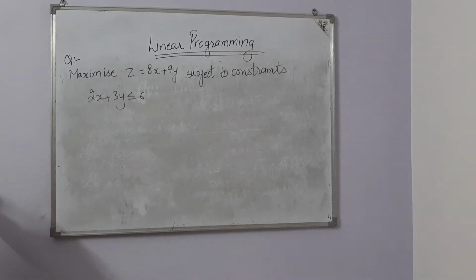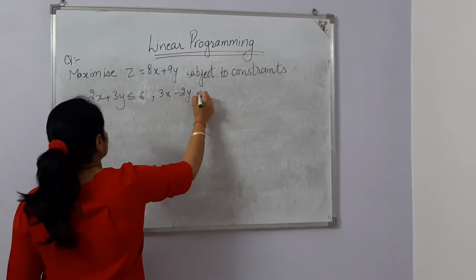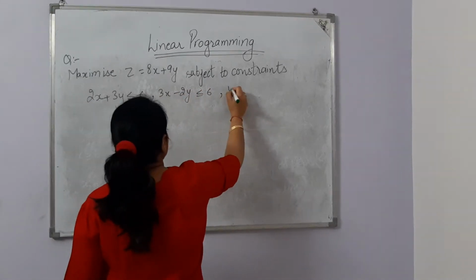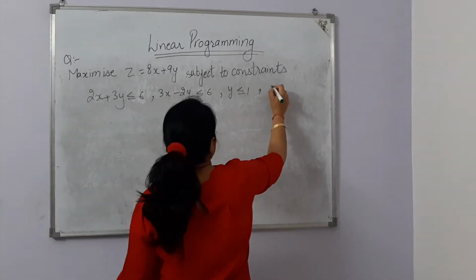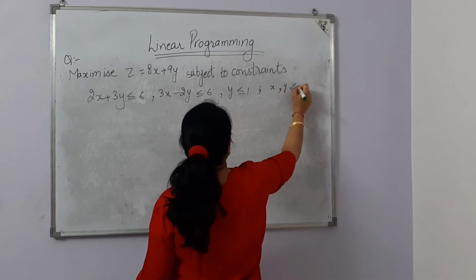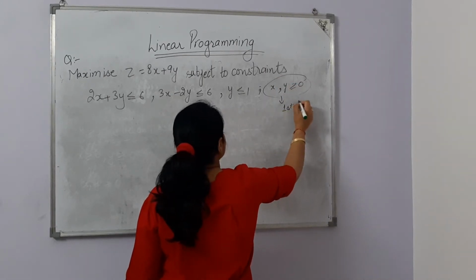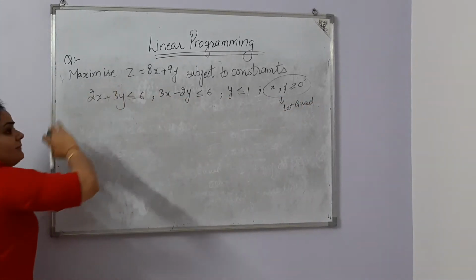2x plus 3y less than or equal to 6, 3x minus 2y less than or equal to 6, y less than or equal to 1, and again x comma y greater than or equal to 0. This is saying first quadrant. Now we need to calculate the maximum value.